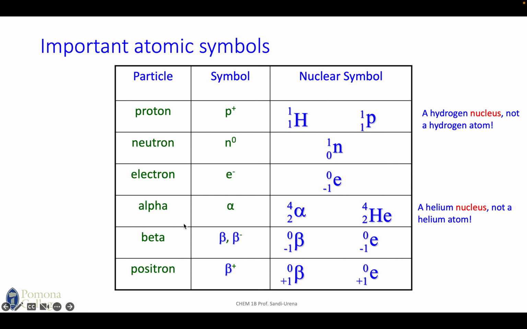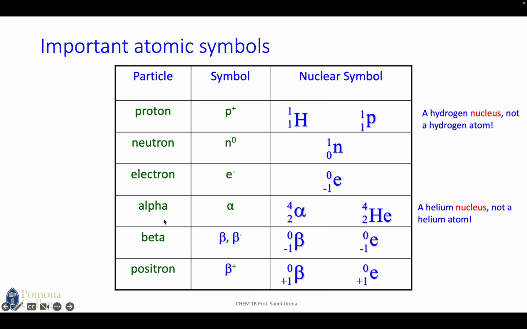The alpha particle has 2 protons and 2 neutrons, which will give you an atomic mass of 4. And the species in the periodic table that has 2 protons and 2 neutrons is helium.